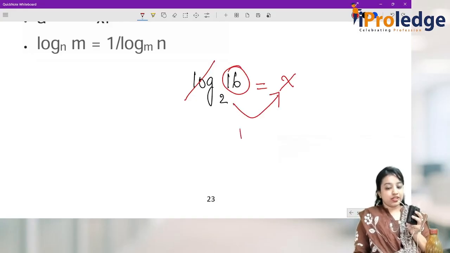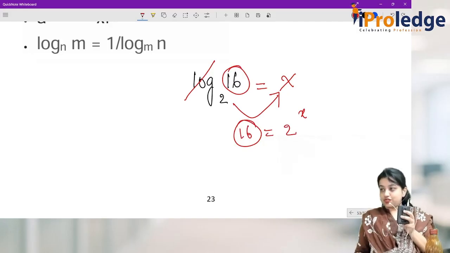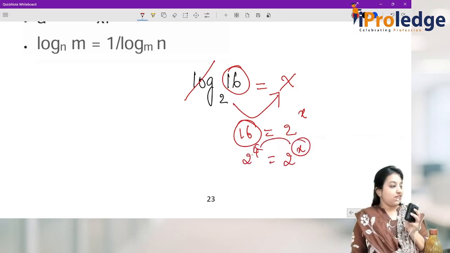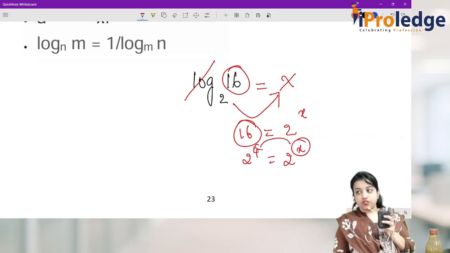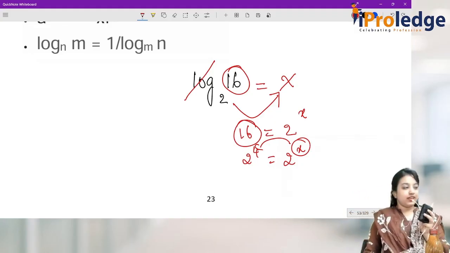We will have 16 equal to 2 power x. Now 16 in terms of 2 power is 2 power 4 equal to 2 power x. The x value will be equal to 4. Okay, this is the procedure we did in the class.